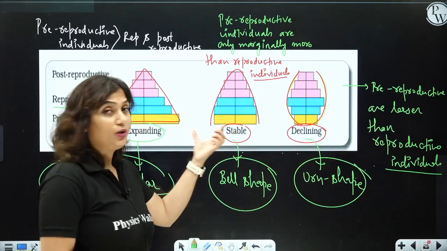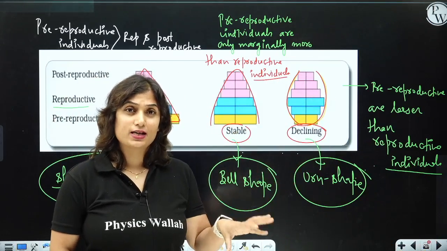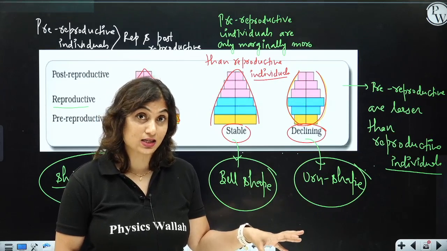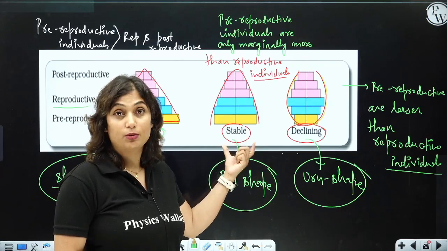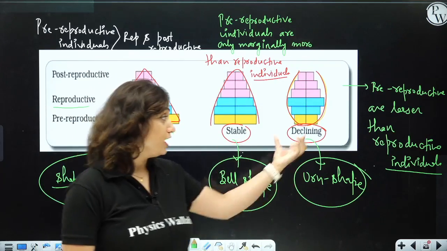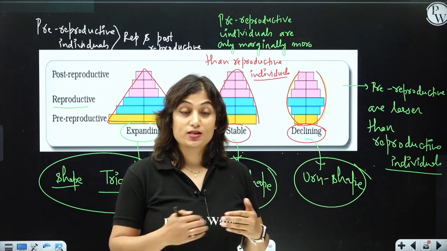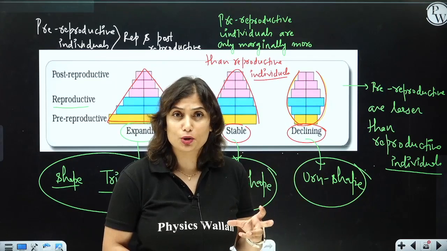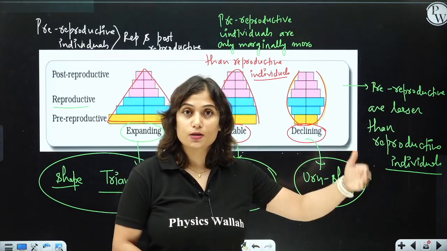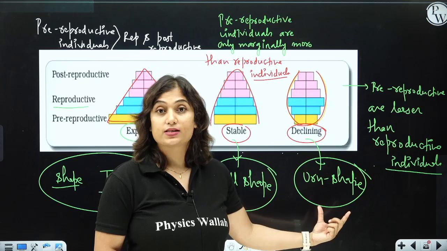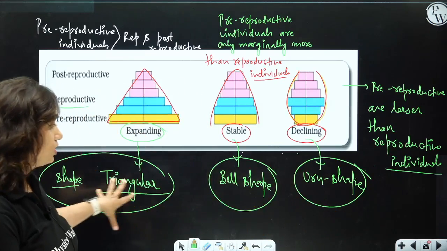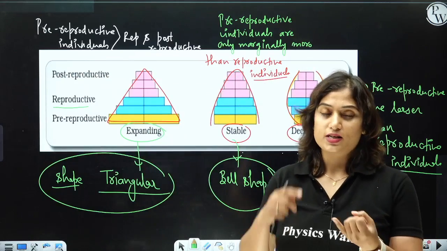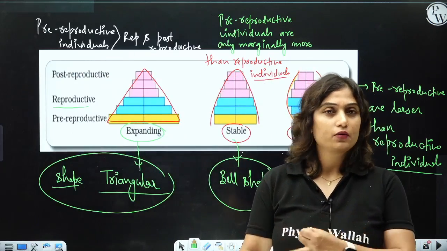If the pre-reproductive individuals are almost similar to the reproductive individuals, that is adults, then the population is stable and the shape is bell-shaped. If the pre-reproductive individuals are fewer than the reproductive individuals, then the population will show negative growth and decline year by year. So the shape is urn shape. You have to remember the shapes, and in which population pre-reproductive individuals are greatest, almost equal to reproductive individuals, and the least.